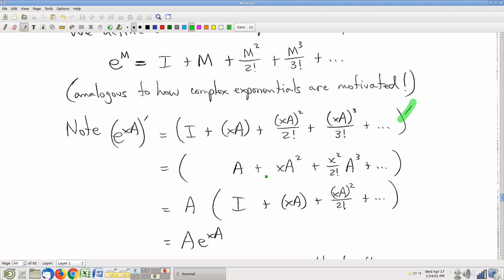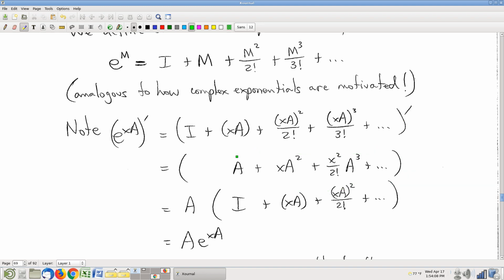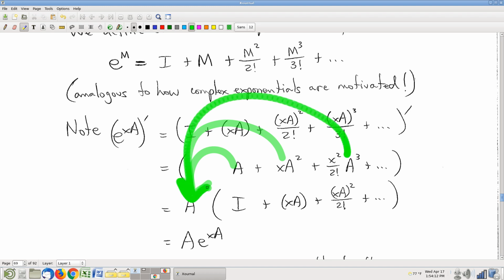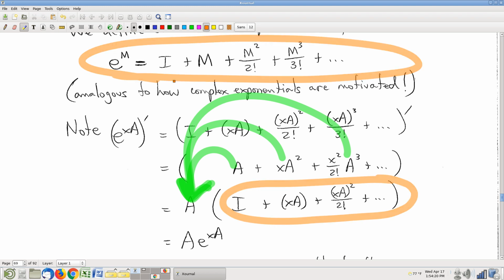Now, okay, what do you do with this? The clever move here is to realize that if you pull out a common factor of A from each one of these terms, notice that what is left over is exactly our matrix exponential e to the xA.